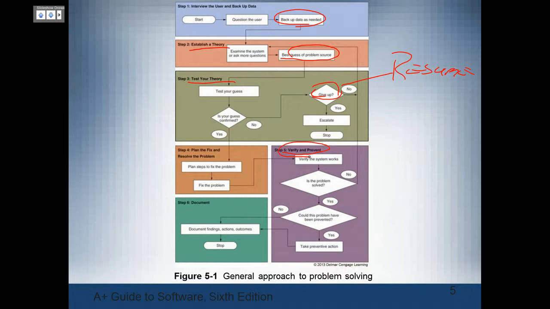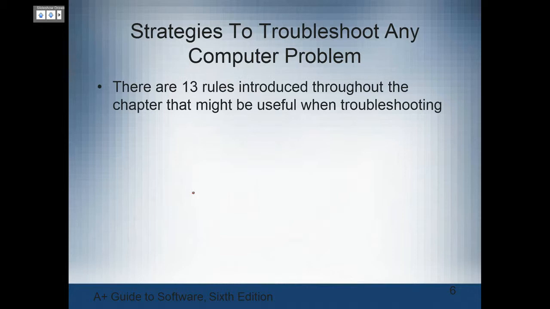I install that policy. Did you try it out? You'd be surprised how many times it doesn't work. Try those things out. And then step 6 down here, you're going to document, which we all don't do very well. But this is the 6-step CompTIA troubleshooting process, which I think you will see.